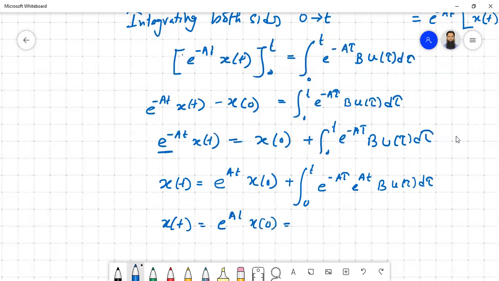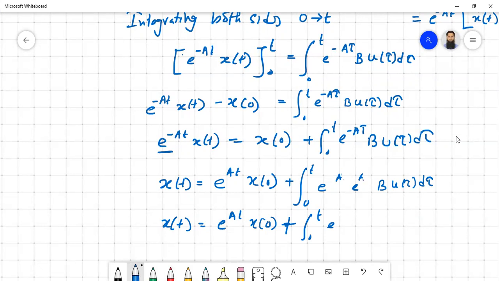Now we can actually rewrite this thing as e to the power minus a. Okay, sorry, the plus t will be coming first. So now it will be wiser to not define this one as well, because these are matrix quantities.